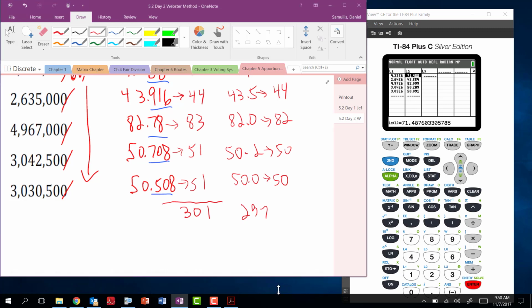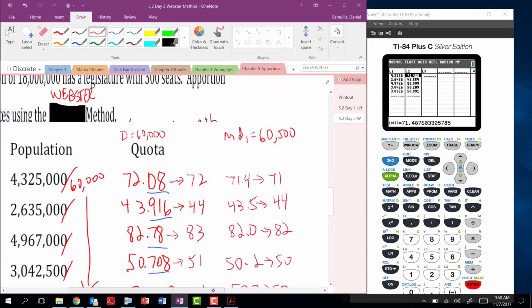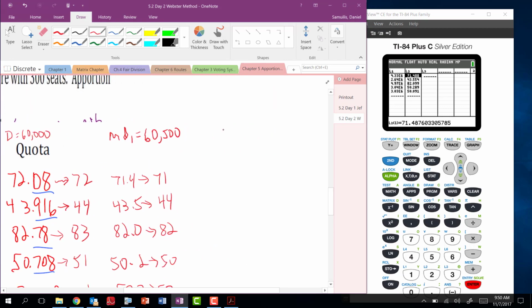So now let's think about that. What should we have actually picked? 60,000? I want this to work. 60,100. Okay, we want to get away from 500. This caused us 3 seats, actually 4 seats, to swing to the other side. We actually wanted to be really close to 60,000.